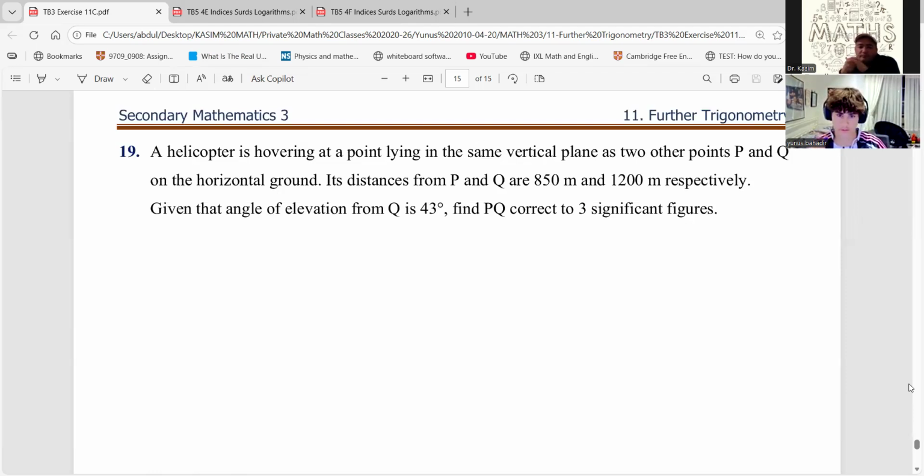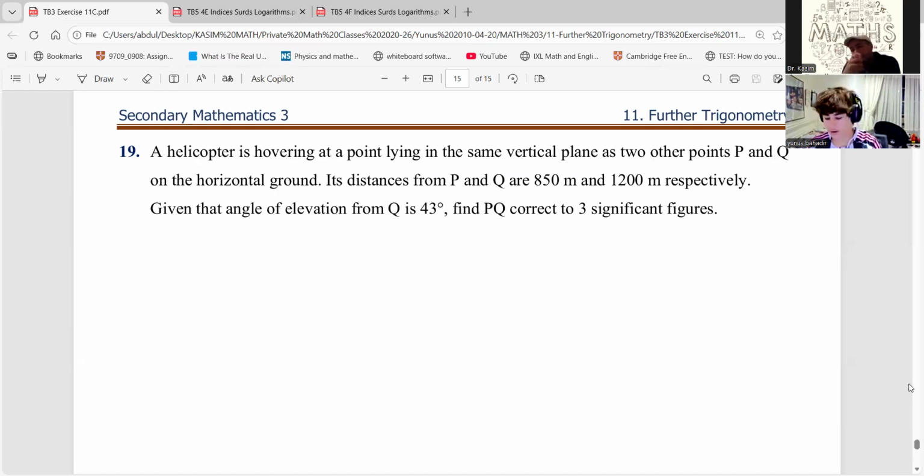In American books, I didn't see significant figures much, because in UK or Singapore books, you see this a lot. Three significant figures means that starting from the first non-zero digit, just keep three digits.